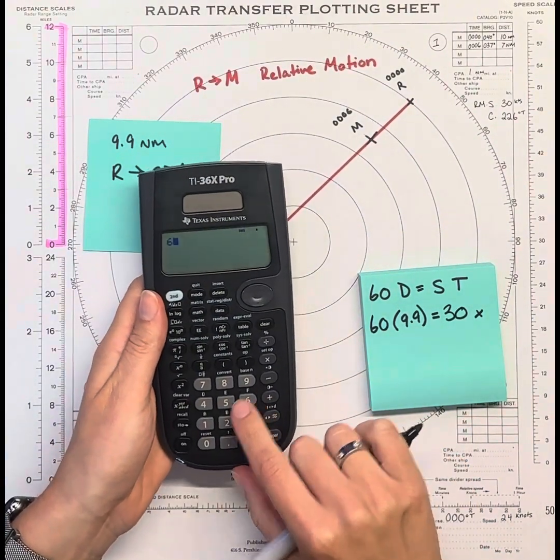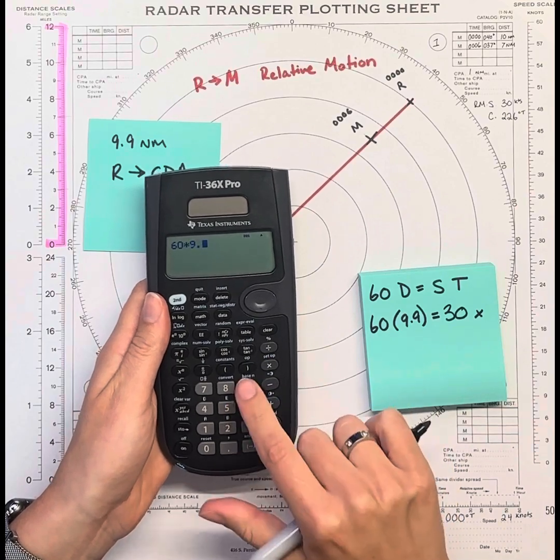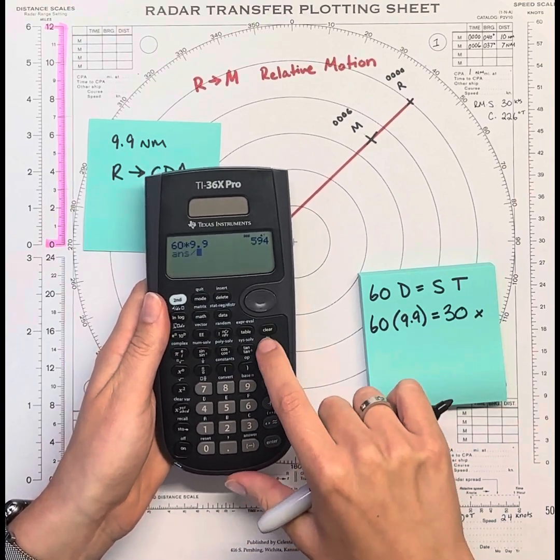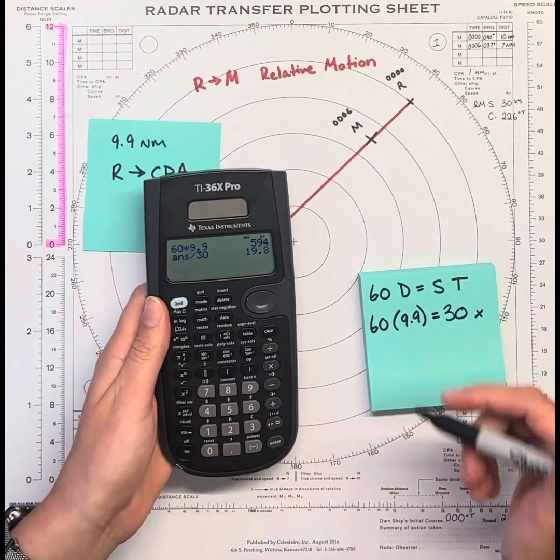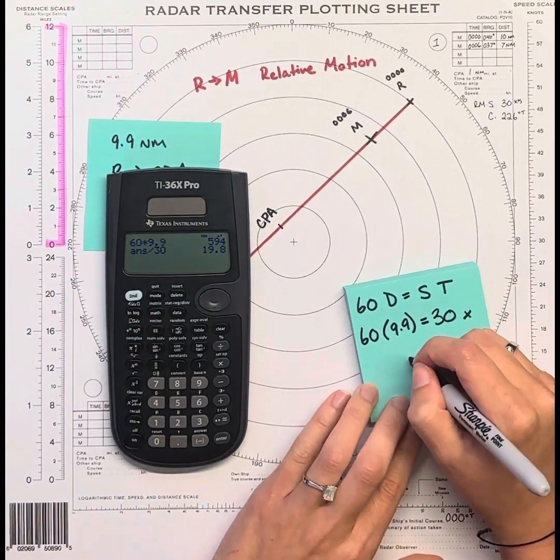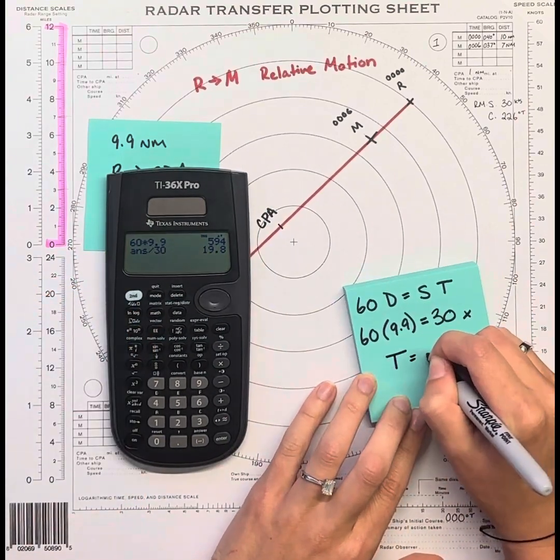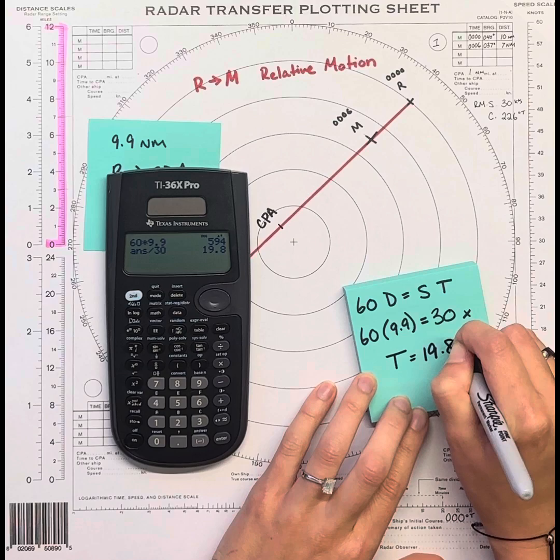So again, 60 times 9.9 and then divided by 30 should give us our time of CPA, or TCPA. So we get 19.8.